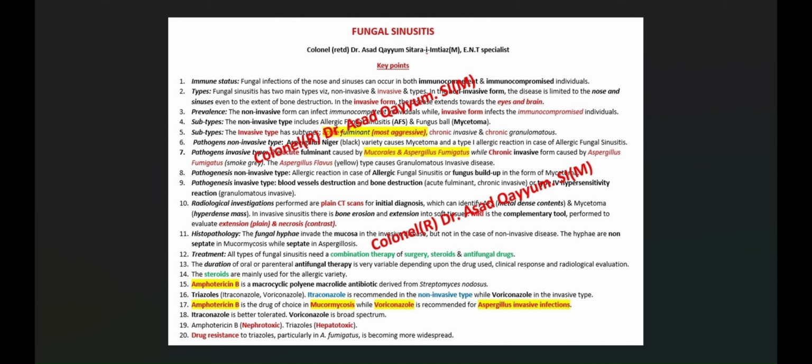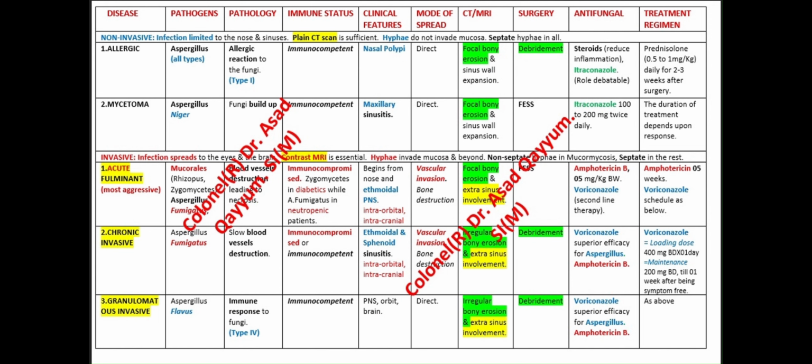It is developing to the Aspergillus fumigatus variety. So, we have to use amphotericin B in most of the cases, considering this aspect. Now, these were the 20 points which we will now apply in the next table to understand the disease properly.